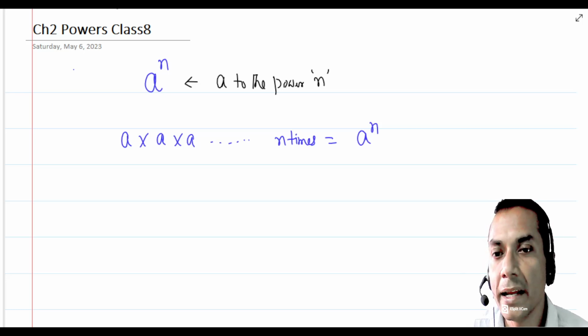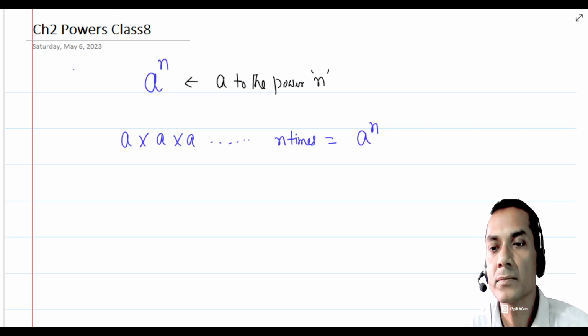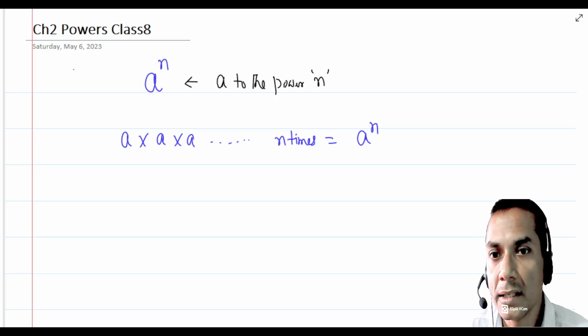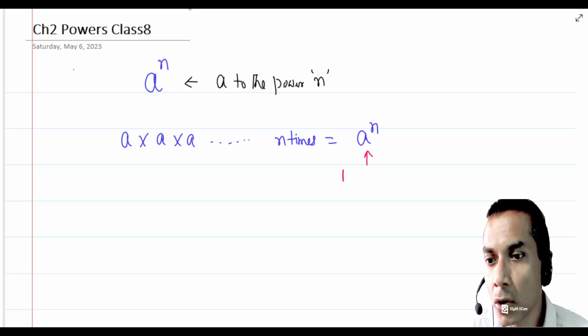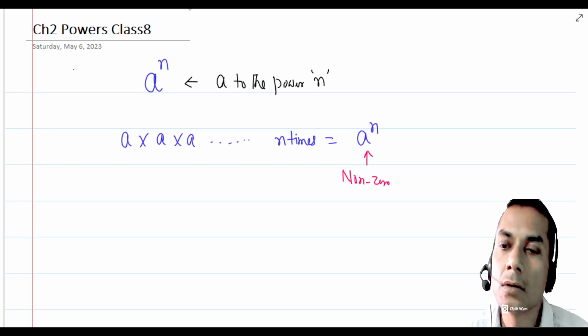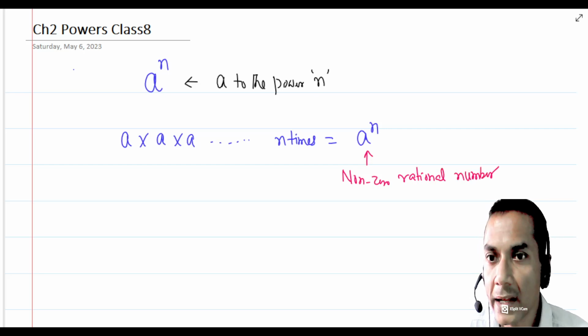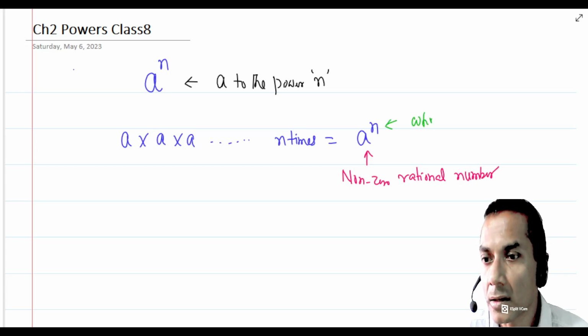N times 1 means 1 into n is equal to n. Clear? So here a is actually a non-zero rational number, whereas n is a whole number.